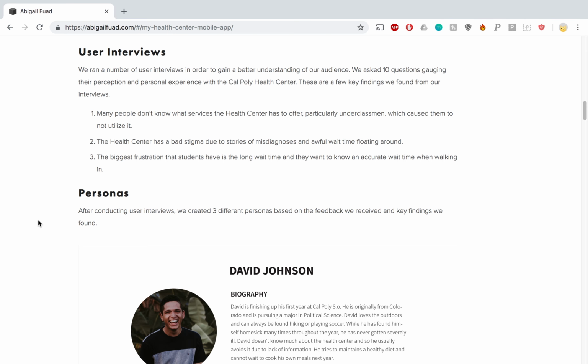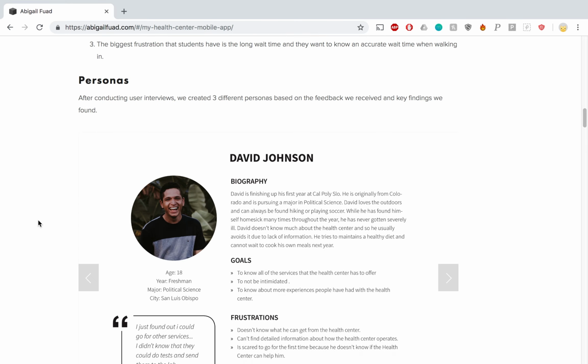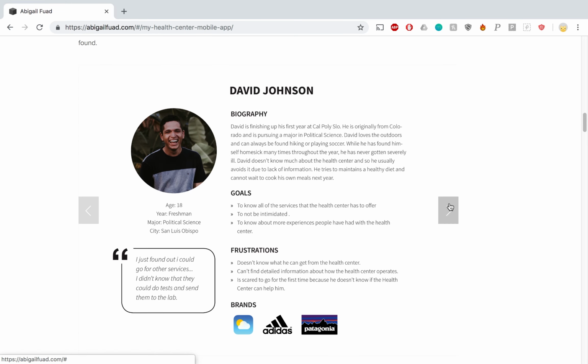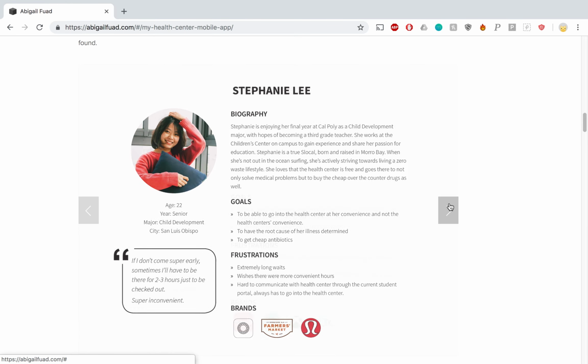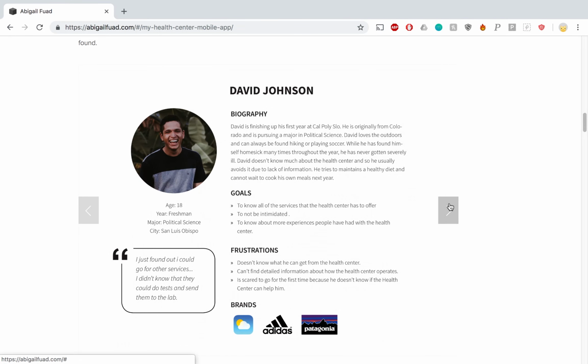From the user interviews, we developed three different personas: David, Sam, and Stephanie, each personifying a different category of students on campus, where we found there was a lot of overlapping.